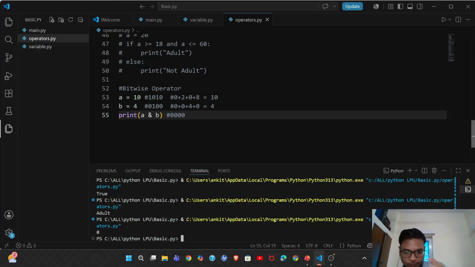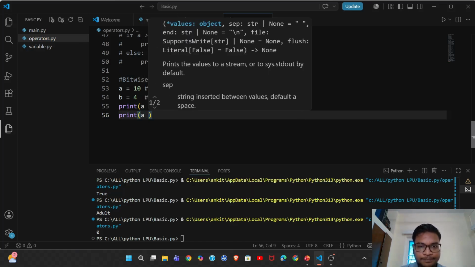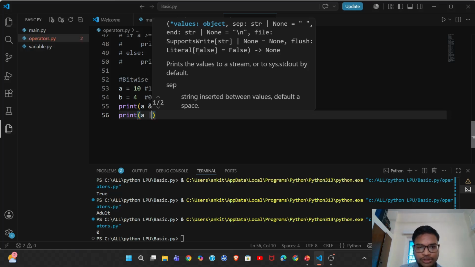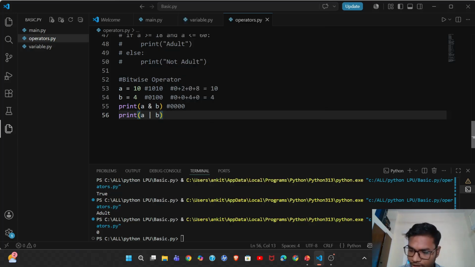Okay, so let's move to our next operator, that is A OR B. This is the OR sign, which is above the Enter key on the QWERTY keyboard.